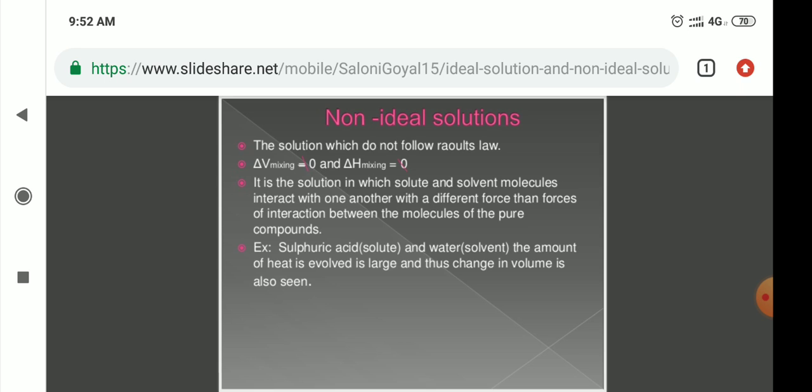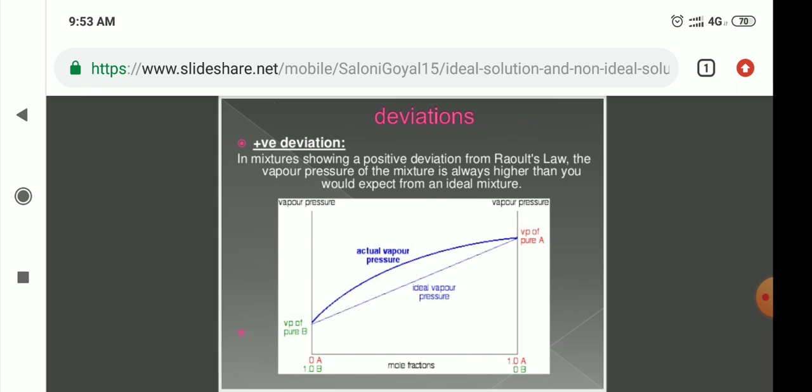It is a solution in which solute and solvent molecules interact with one another with different forces than the force of interaction between the molecules of the pure components. For example, sulfuric acid and water, with sulfuric acid as the solute and water as the solvent. The amount of heat evolved is larger and thus a change in volume is also seen.